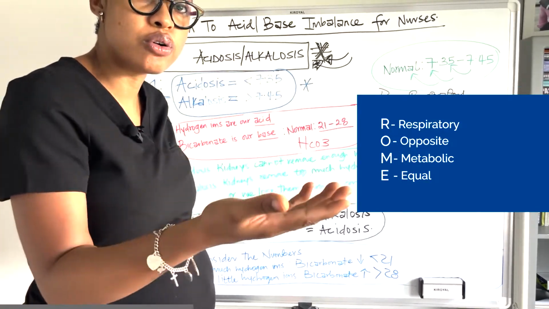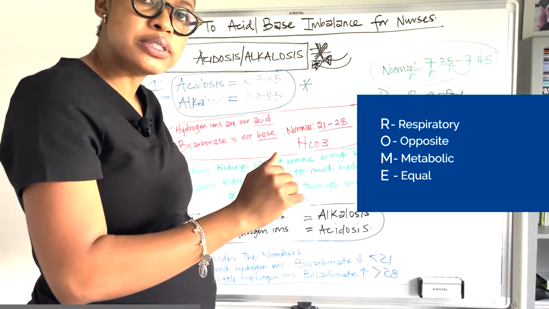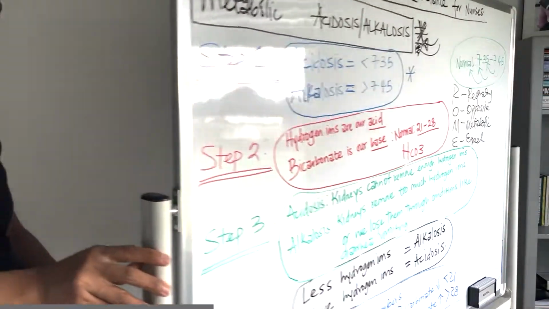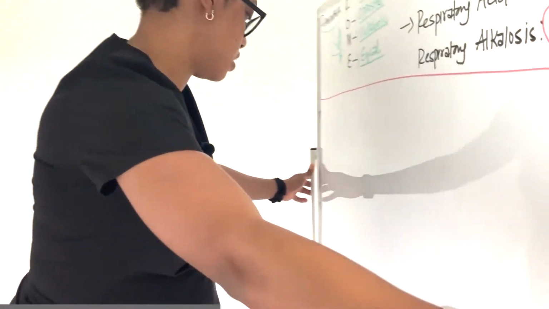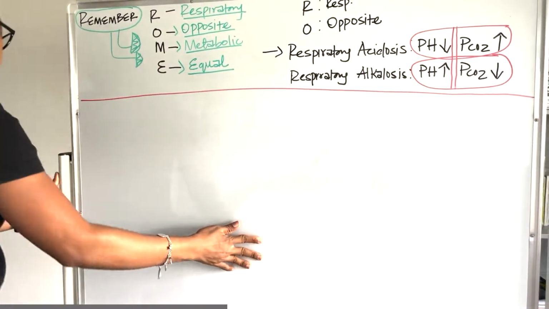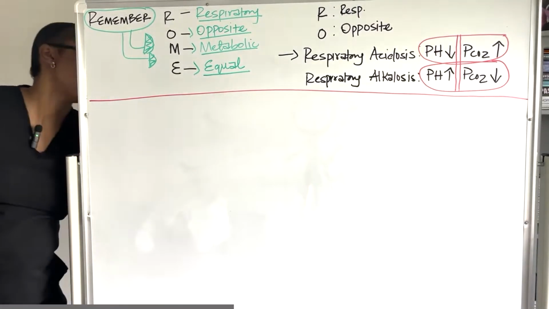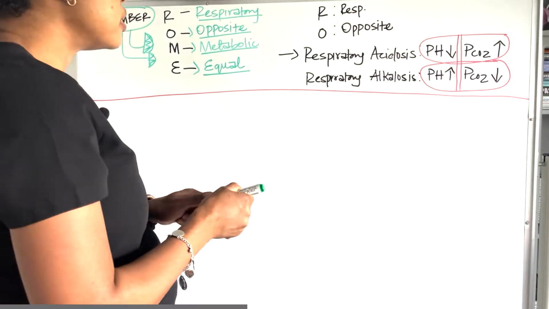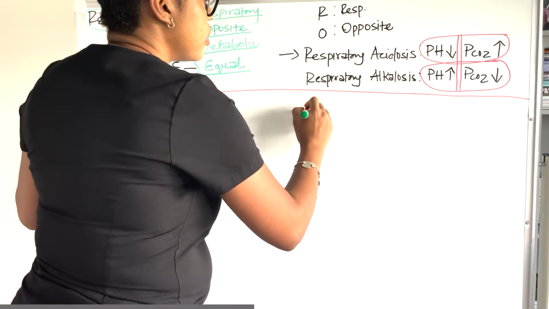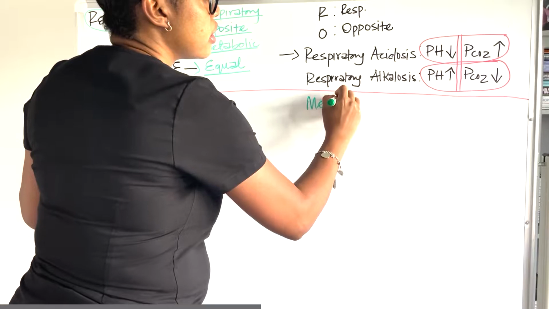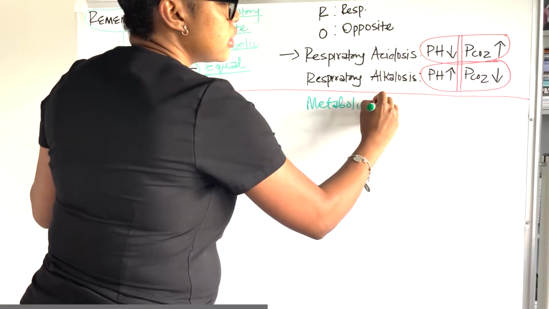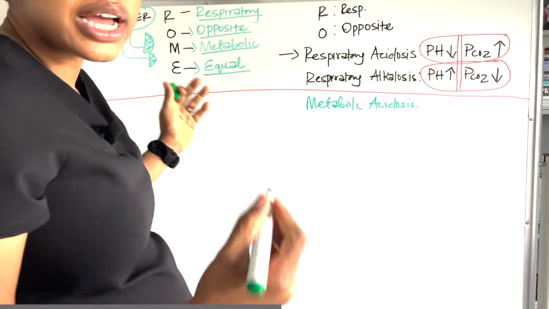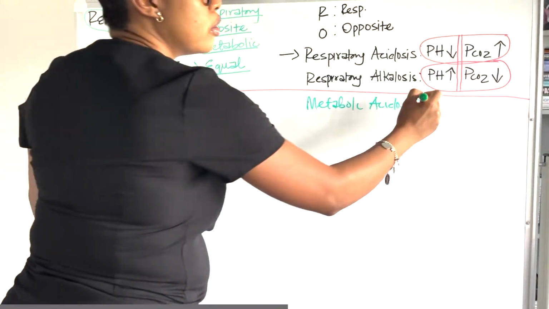So now let's consider the acronym we talked about previously and see what that means. Remember, ROME, respiratory opposite, metabolic equal. So when we say metabolic equal, we pretty much mean that with metabolic acidosis, we already know that with acidosis, the pH is low.